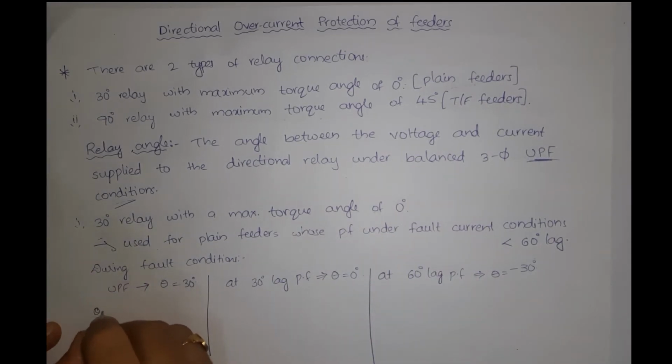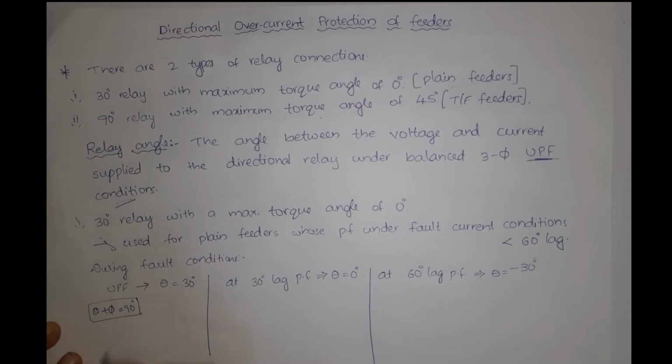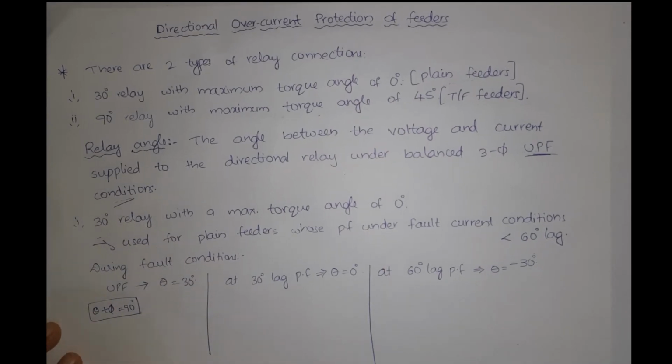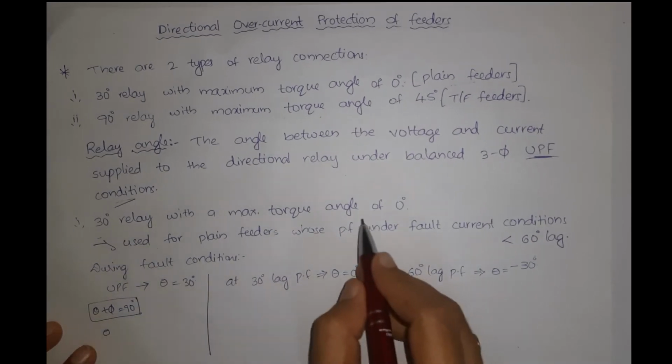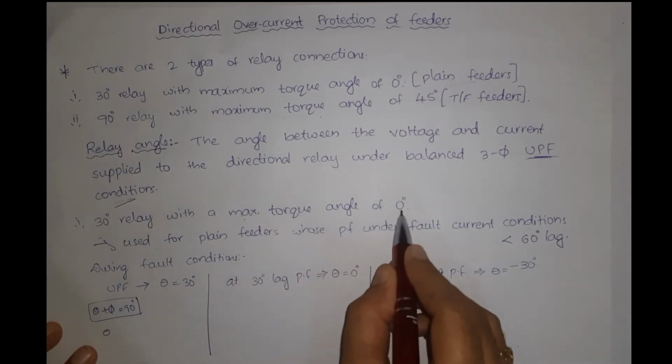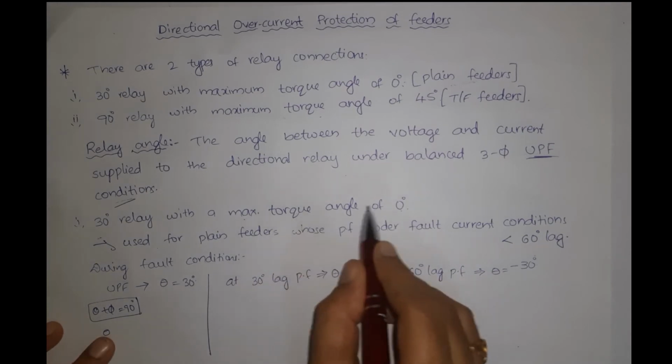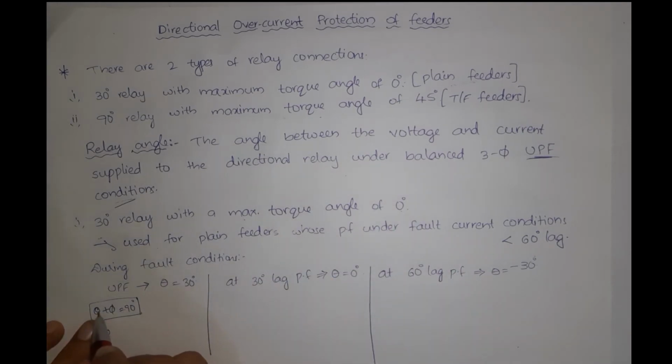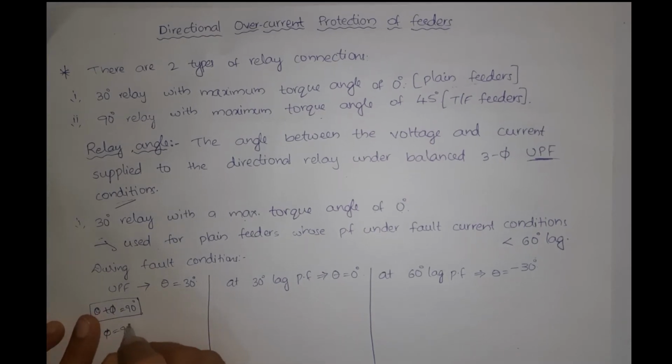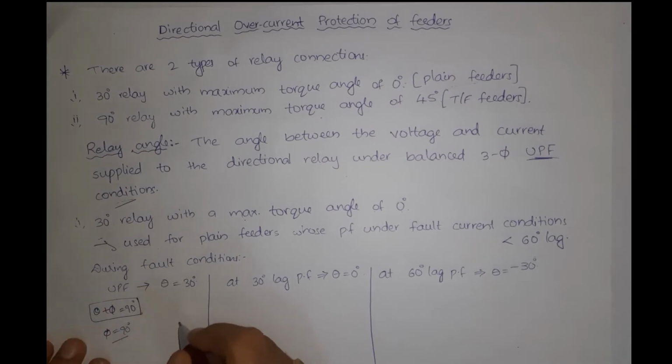That means theta plus phi is equal to 90 degrees is our condition, right? It is given that the maximum torque angle is 0 degrees, so theta is 90 degrees, and phi becomes 90 degrees. Why? Let me show you why.